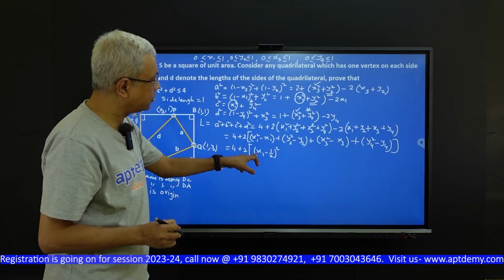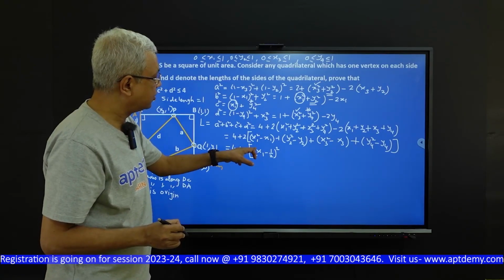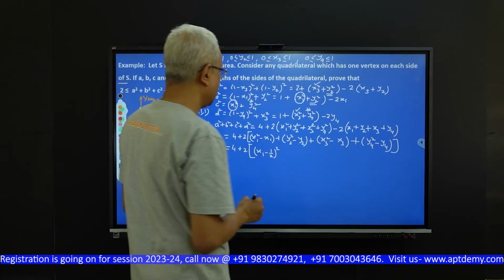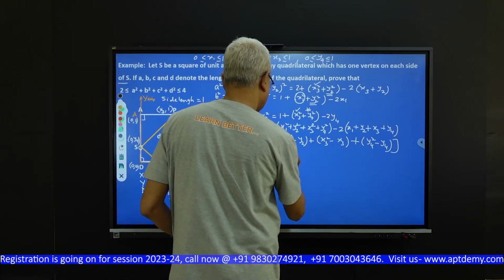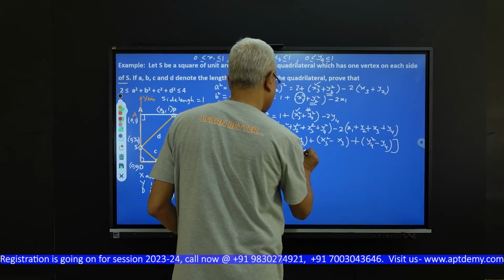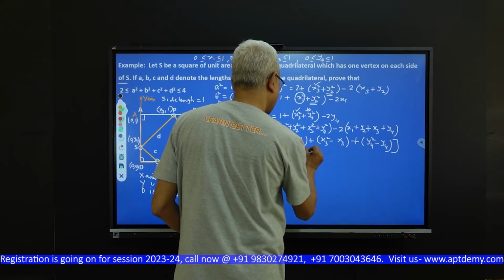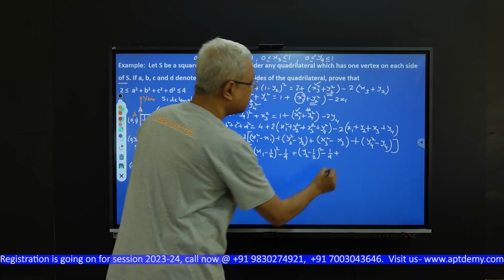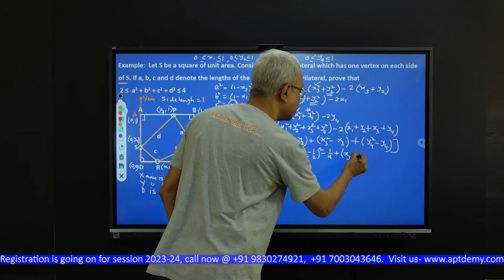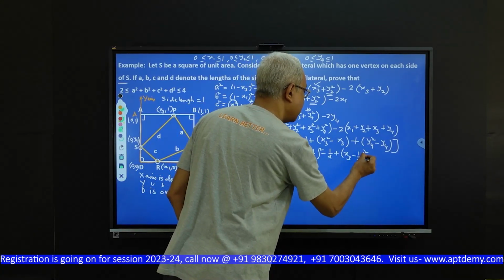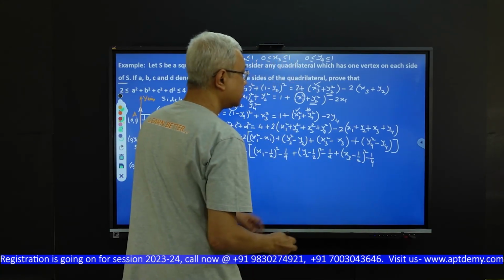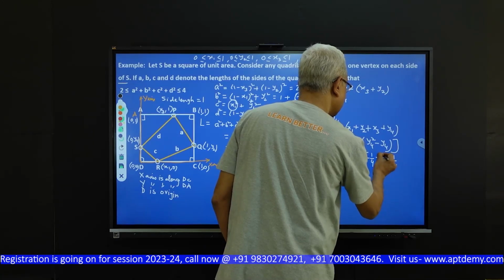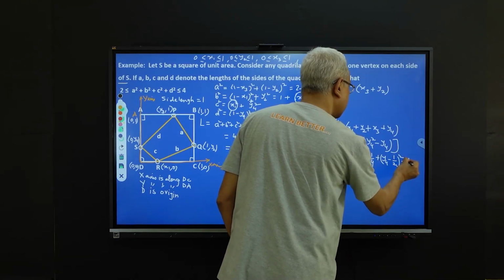So the first term is x1 square minus 2x1 into half, that is x1 negative x1, plus 1/4. So I make minus 1/4 plus y2 minus half whole square minus 1/4 plus x3 minus half whole square minus 1/4 plus y4 minus half whole square minus 1/4.